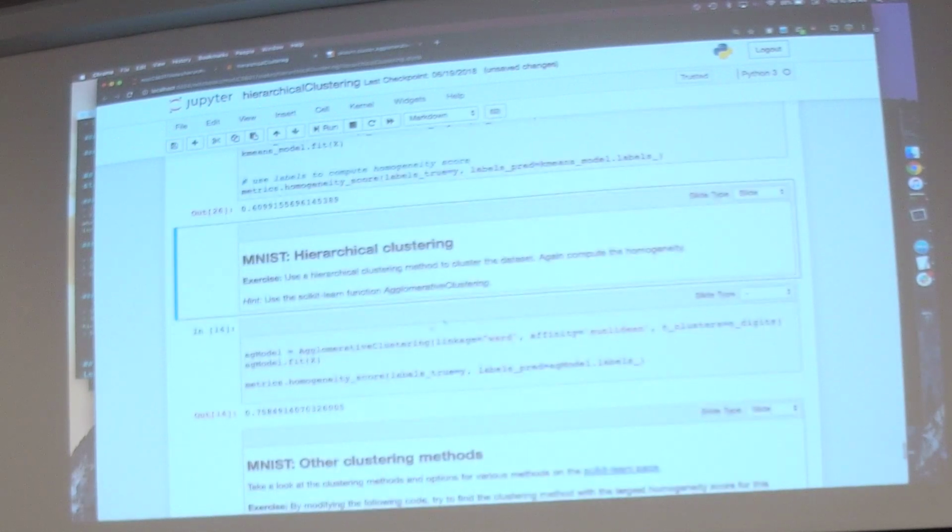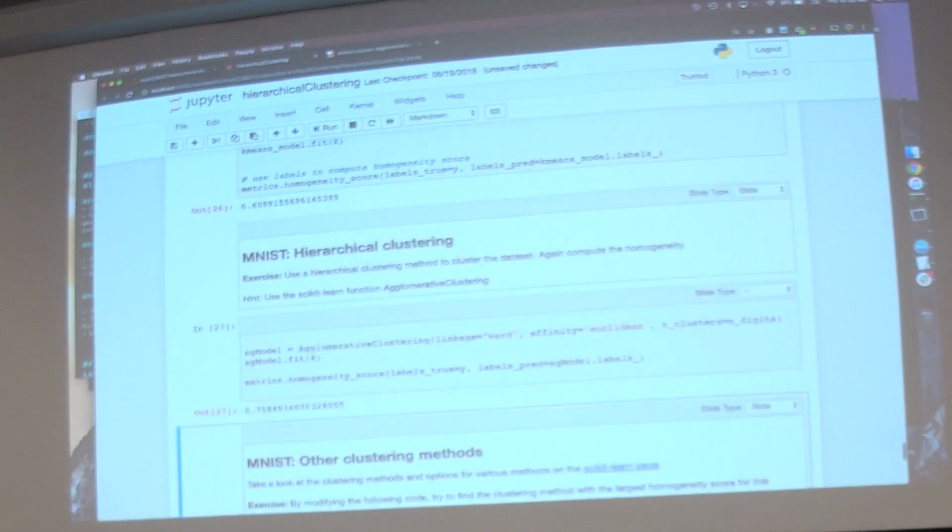Cool. So we'll do the same thing with the agglomerative clustering. We'll use the Ward linkage and just Euclidean distance, and if we do this, it's way higher, 75%. What we're doing here is starting with the digits that are similar, and then merging together groups that are similar until we get to 10 groups.